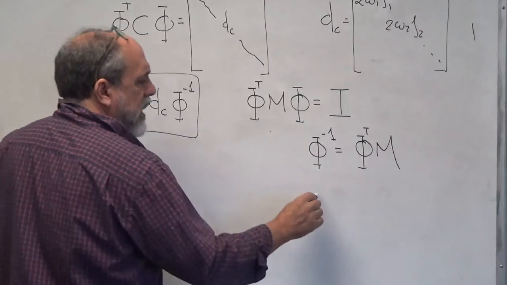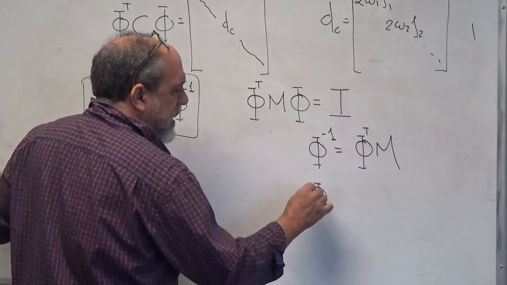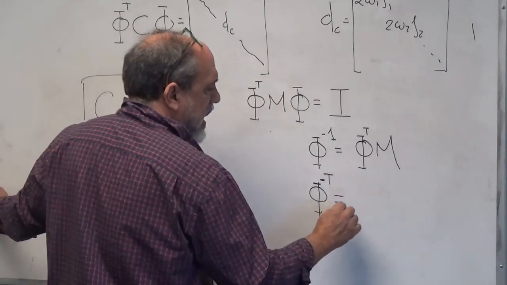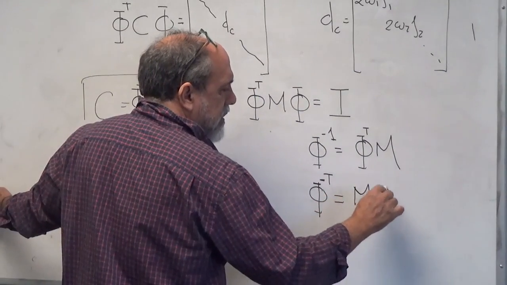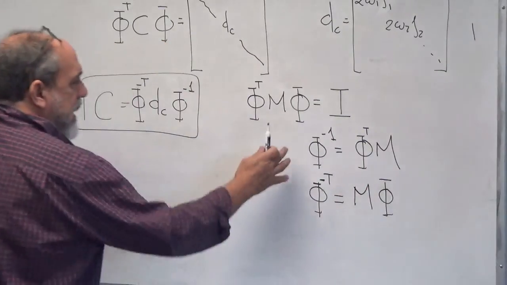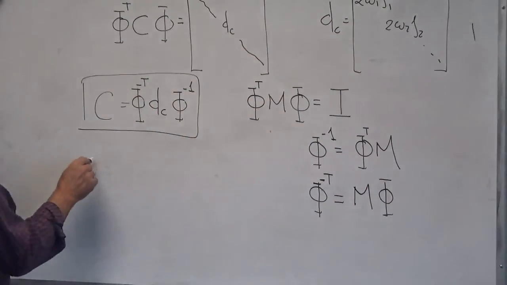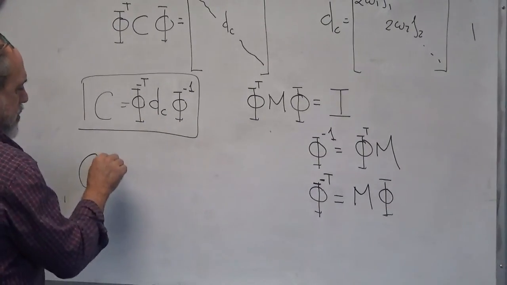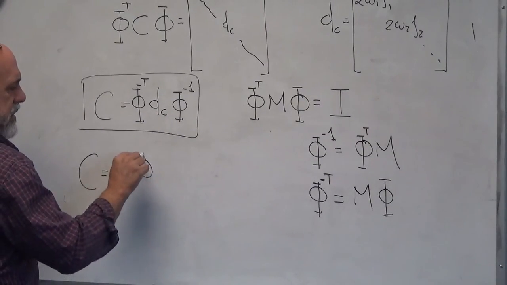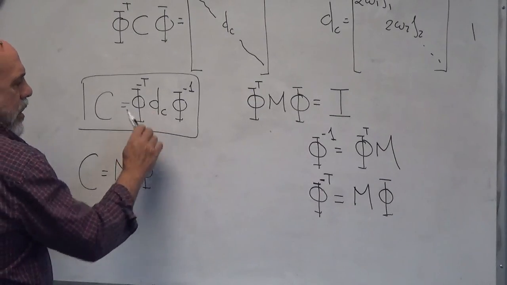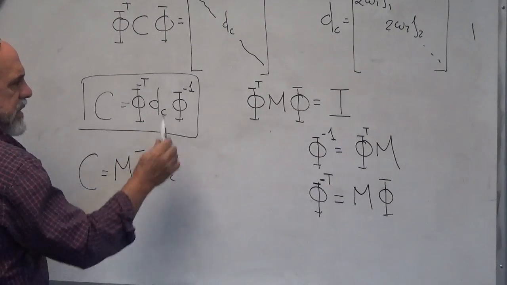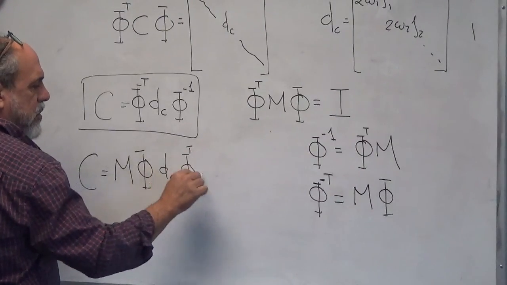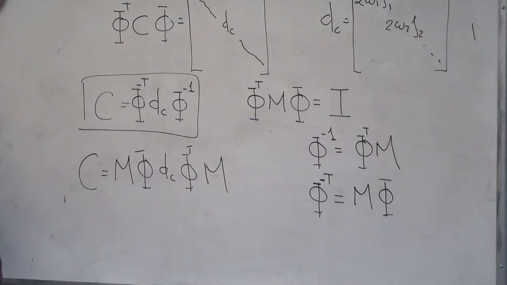But from this we can also find that phi to the minus transpose on both sides is just m times phi. Therefore, if we make these substitutions here, we get the following expression for the damping matrix. Phi to the minus transpose is m times the modes, then comes the DC matrix, and then comes the phi to the minus 1, which is the phi transpose times the mass matrix.